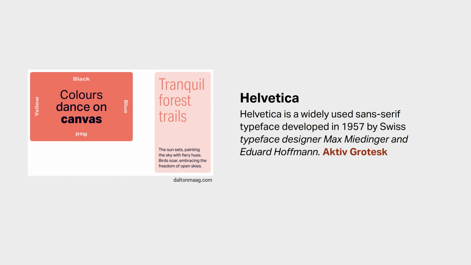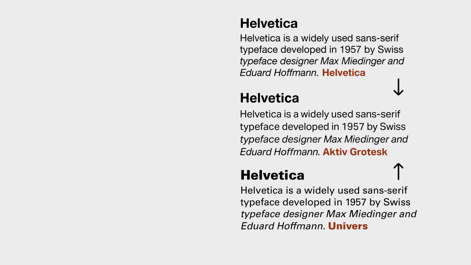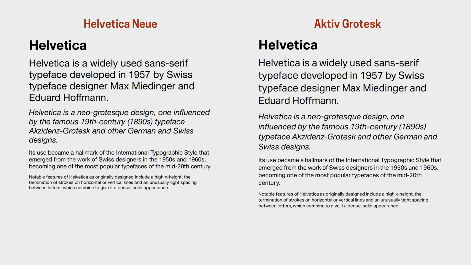Moving on to my paid font recommendations, let's start with Aktiv Grotesk from Dalton Maag. Aktiv Grotesk's designers wanted to create a typeface that was somewhere between Helvetica and Univers, removing some of Helvetica's quirks and adding some of Univers's warmth. When you compare Aktiv Grotesk, which is on the right, to Helvetica, you can see that Aktiv Grotesk is larger.